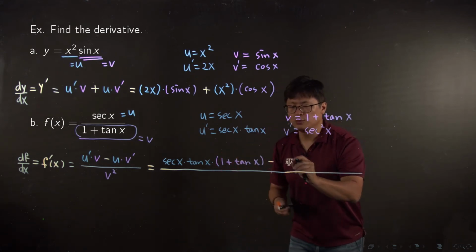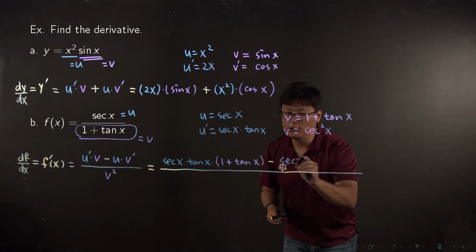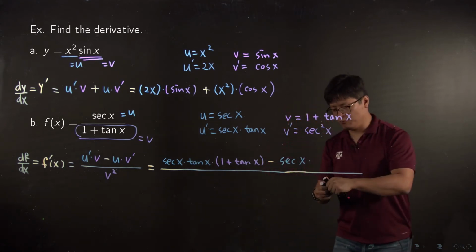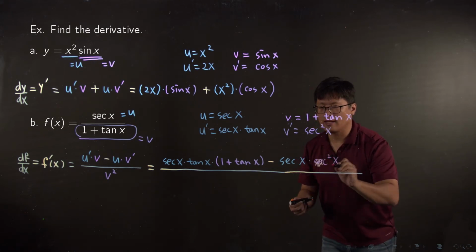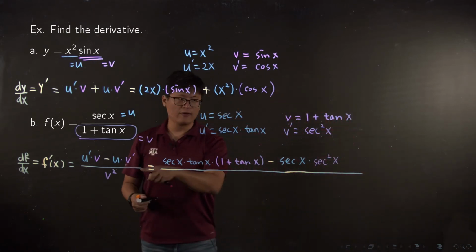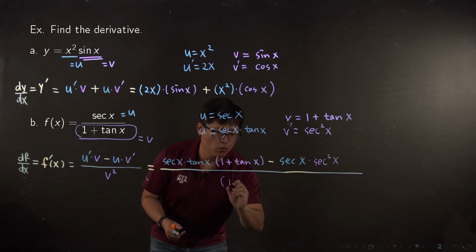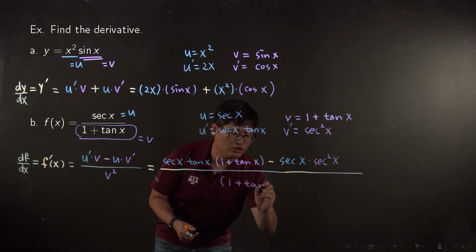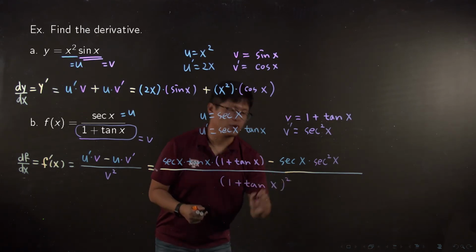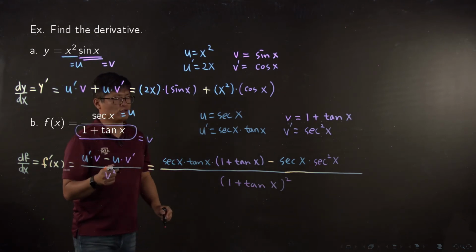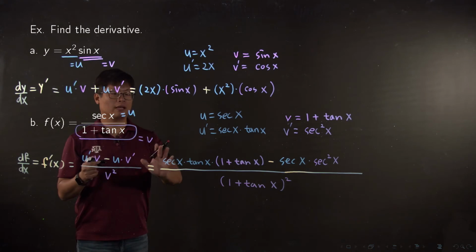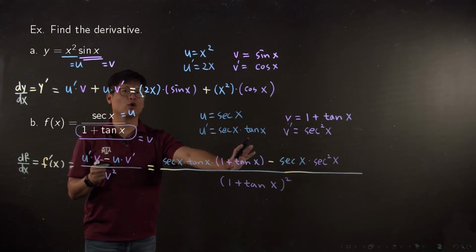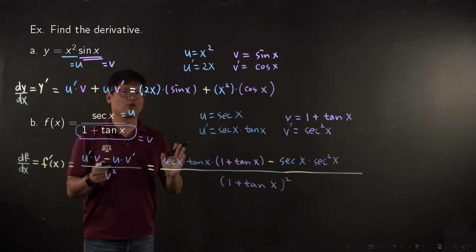We need u and v prime, which is secant squared x, over the denominator function v squared, 1 plus tangent x squared. But keep in mind, as I told you, we do not have any simplifying issue. As long as you type this clearly on your website, they will accept it as the correct answer.